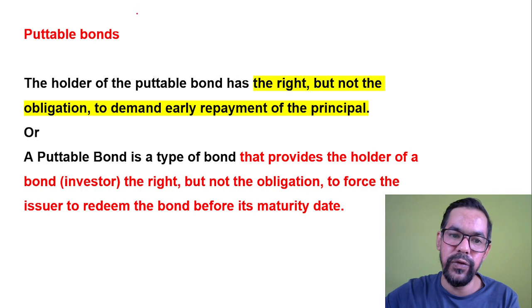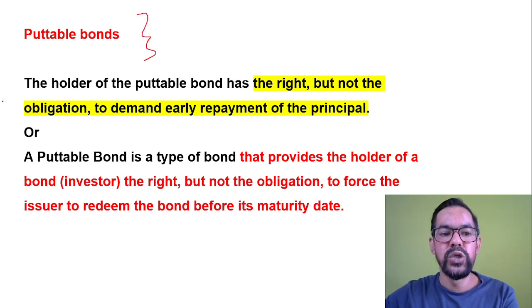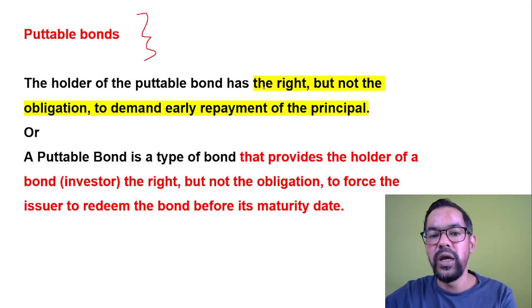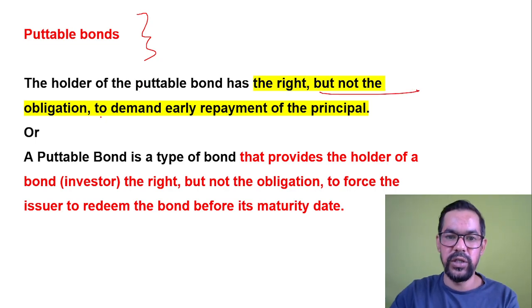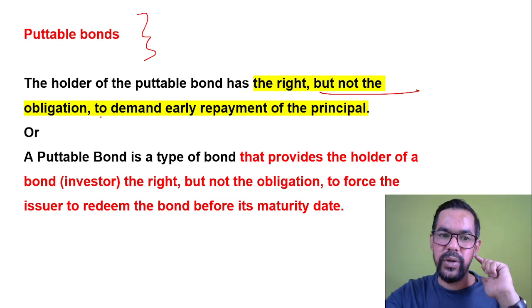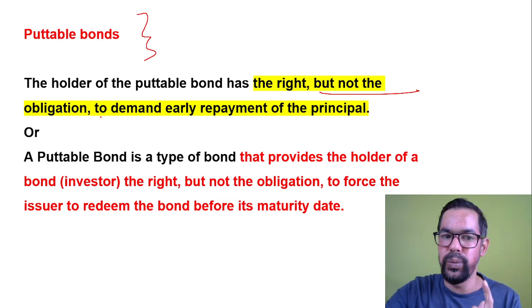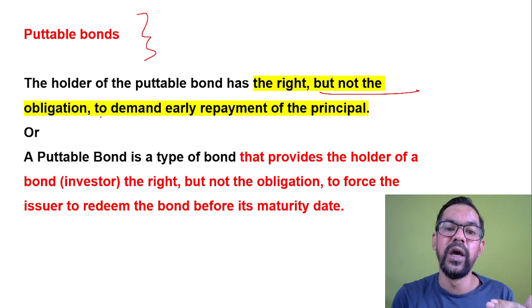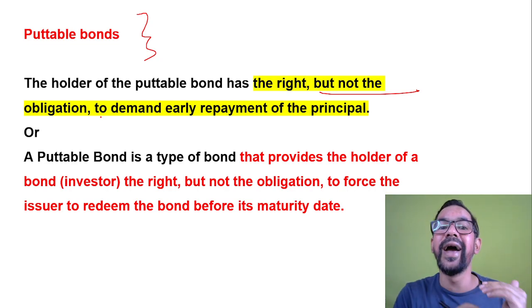If you talk about putable bonds, the holder, the buyer or the investor of the putable bond has a right but not an obligation. They do not have any obligation, in case of callable as well as in case of putable, to redeem that particular money before the maturity period. They do have that option.